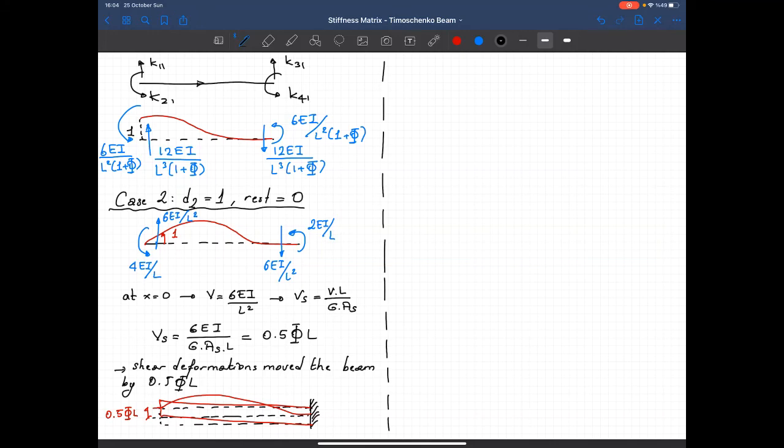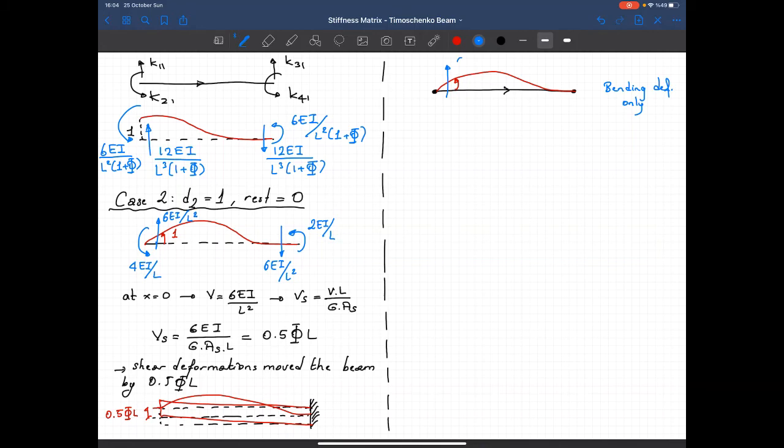Now I will draw that figure one more time. So we have bending deformation only. Let's draw it. And let's show the forces.